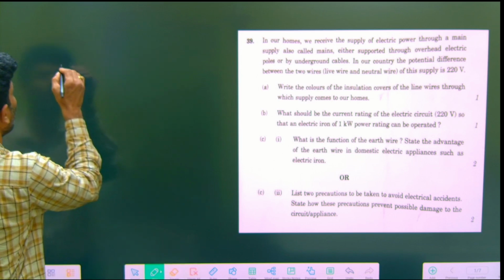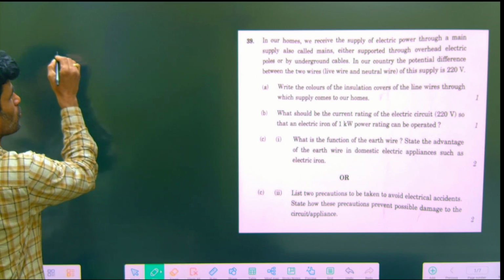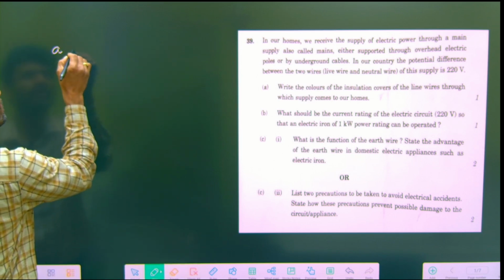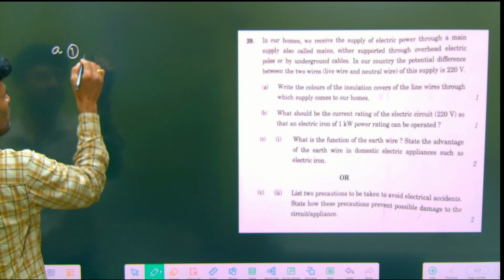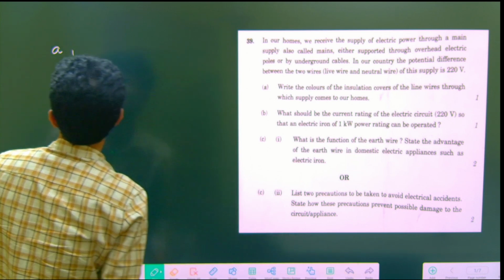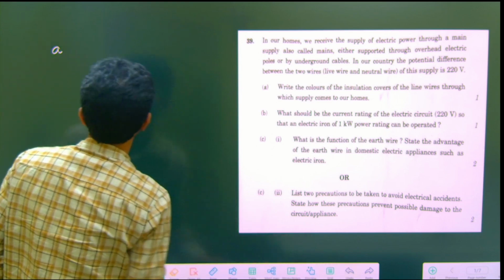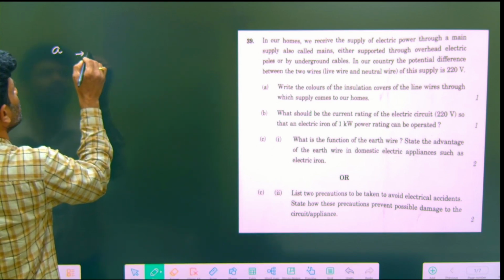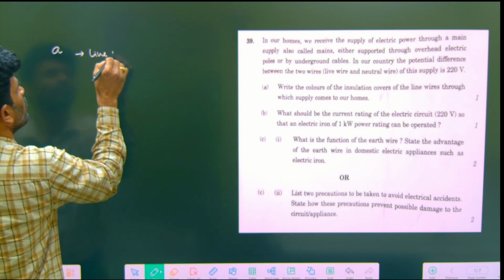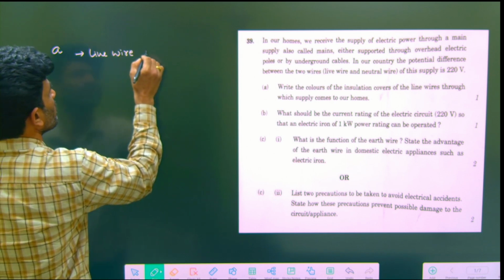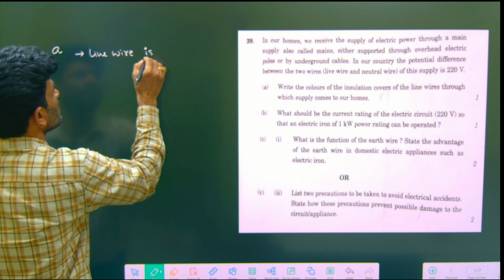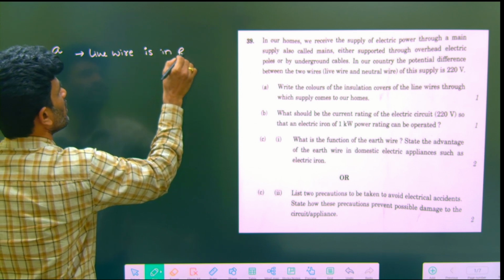In that, first question, answer A. We will be having 3 different types of wires. One is what? Live wire. What is the color of the live wire? Live wire is in red color.